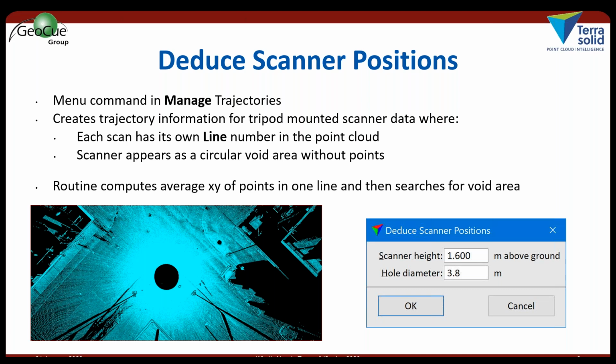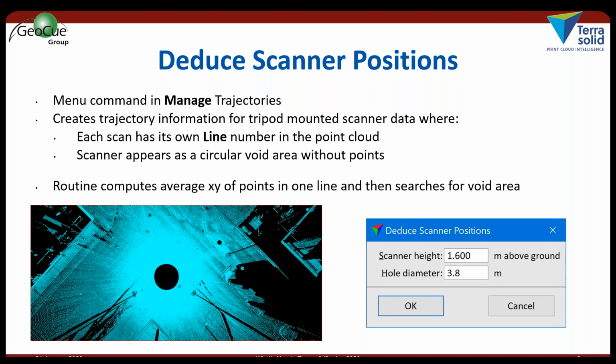The software will look at these void areas. It's a fairly circular void area that's typically produced. It locates that, computes the center of that void area, and marks that as the tripod location.